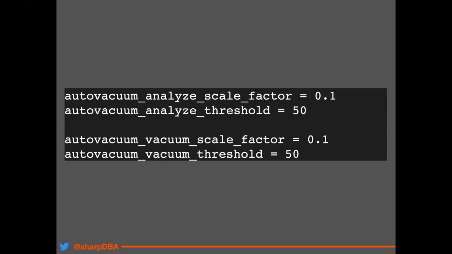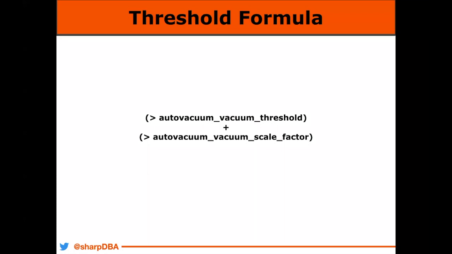They will take the scale factor and the threshold and multiply by the number of tuples in the table. I don't know, it always gives me a weird number. So I just look at these two. This is my formula. Maybe I'm wrong though, do the math for yourself. Like I said, I'm pretty bad at math. Ironically great at spelling, despite the engineer stereotype.